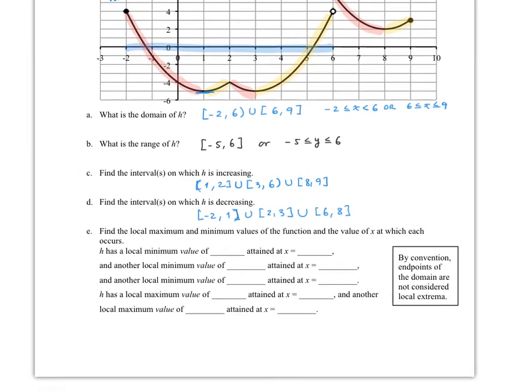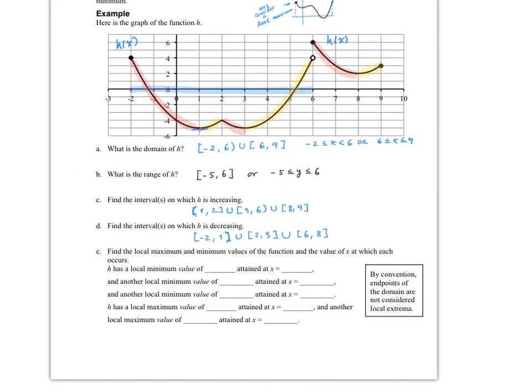Here, you can see that we have 2 local minimums, one here, and then we have another one here. So it's technically 3 local minimums, and we only have 1 maximum right here.